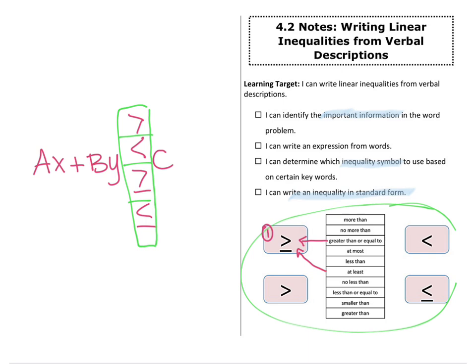So that's one for the greater than or equal to. Then for the smaller than, less than or equal to, we could see no less than. Where do you think that one would go? If it can be no less than 50, can it be bigger than 50? Yeah, 50 is the smallest it could be.